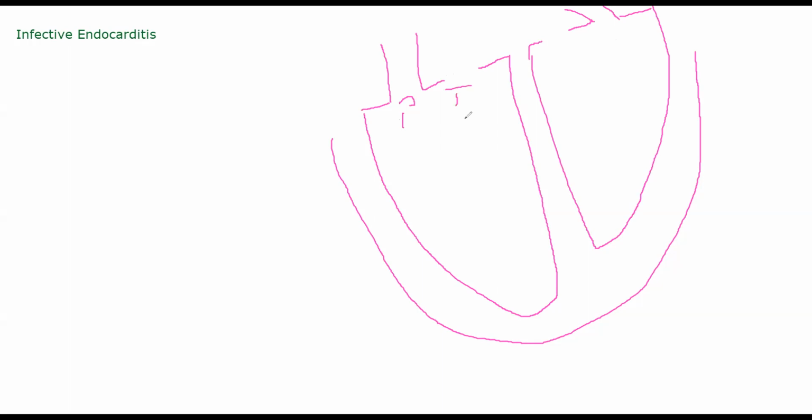So this is the tricuspid valve. I'll just abbreviate them as TP. This is the pulmonary artery with the pulmonary valves like this, right? The semilunar valves. This is the aorta with aortic valves, and this is the mitral valve. Now the whole area, this part is completely endocardium, right? So this whole first layer, all of this is endocardium.